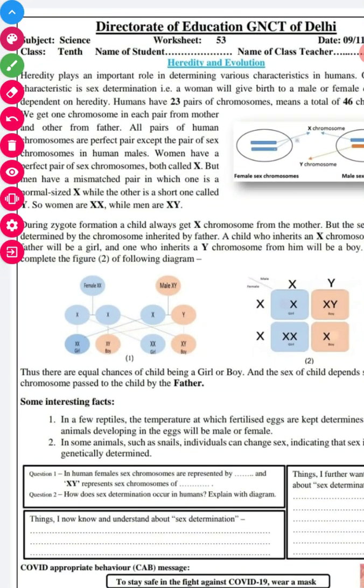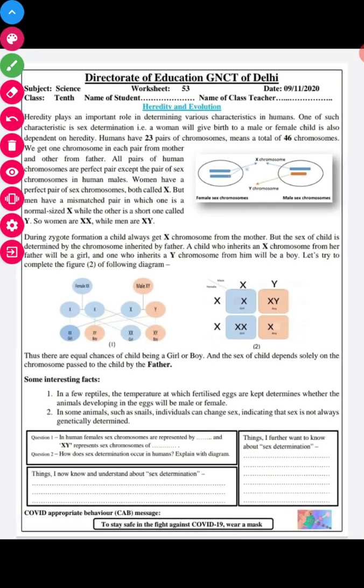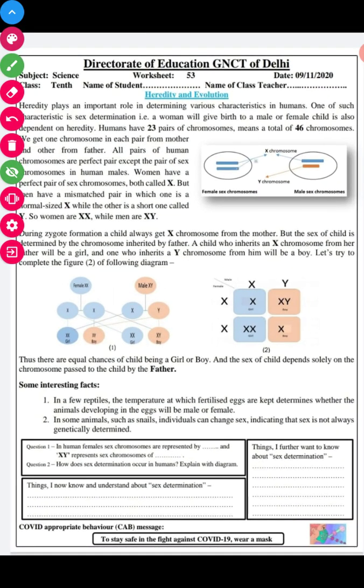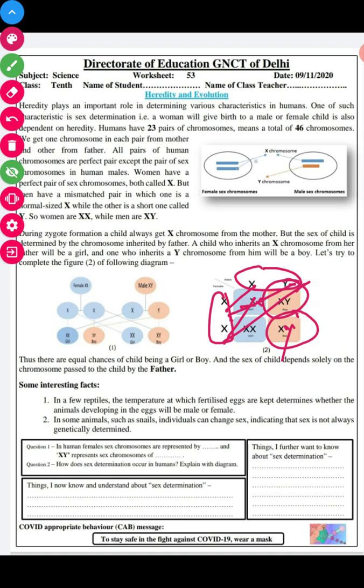So again, see, this is female, this is male, and X and X is a girl. When this X and Y combine, it forms a boy, and this combines to form a girl.